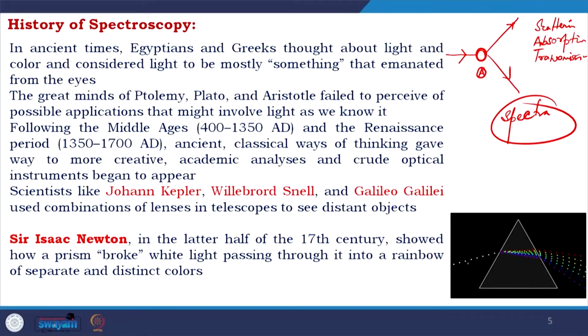That is an innovation which entitles him to be called the father of spectroscopy. As you see here, white light is coming here and it is breaking into 7 different lights.